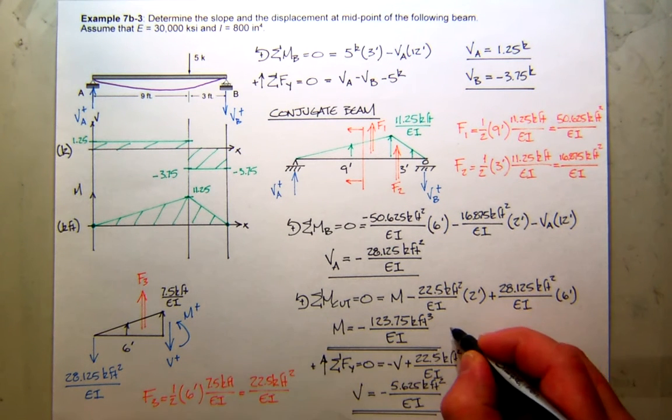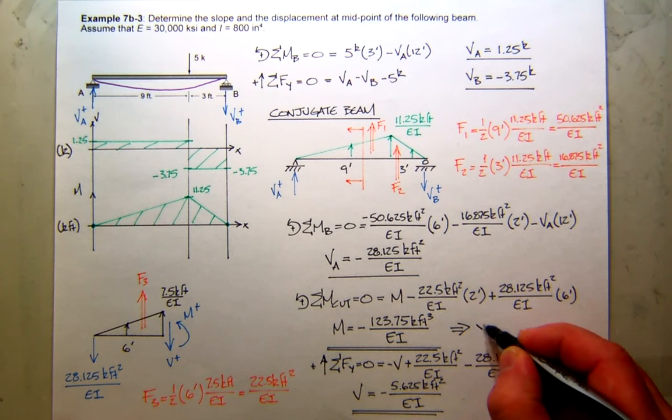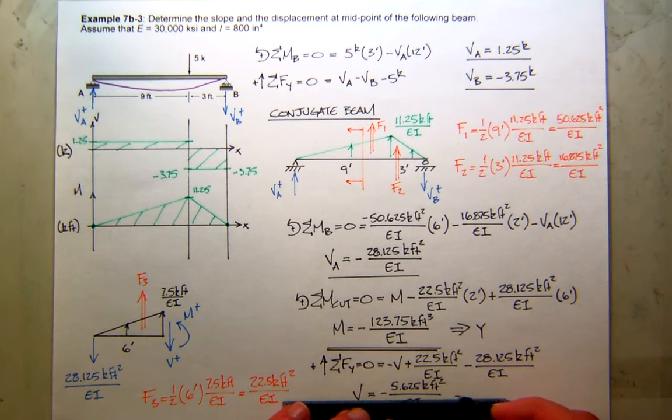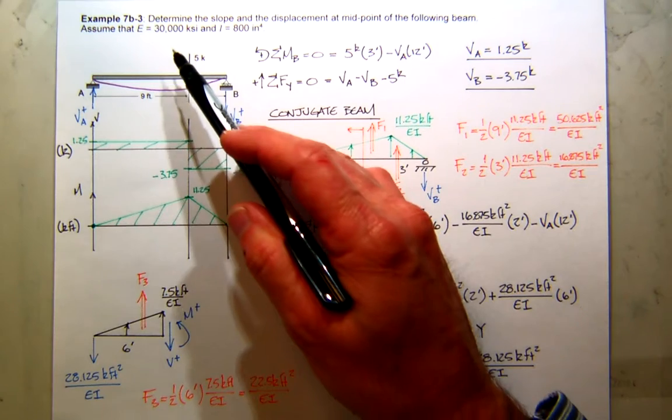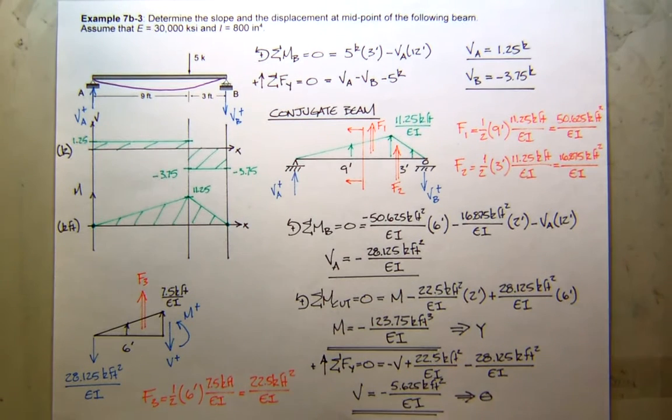Now remember, moment maps to displacement, and shear maps to slope. Now this is a pretty small number. When you take 5 and you divide it by E and I, which are quite large, even with converting from cubic inches to cubic feet, this is going to be a really small number. Plus, it's negative.